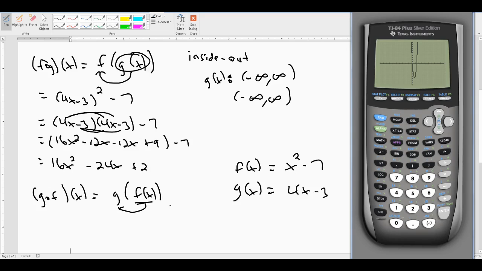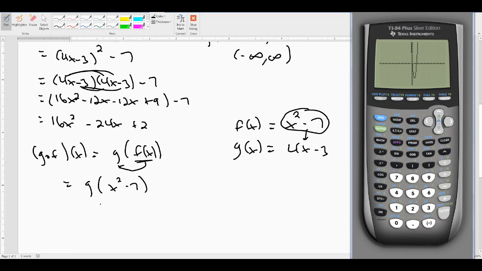So this time we're taking the f function, which is x squared minus 7, and we're going to substitute it into the g function for the x.